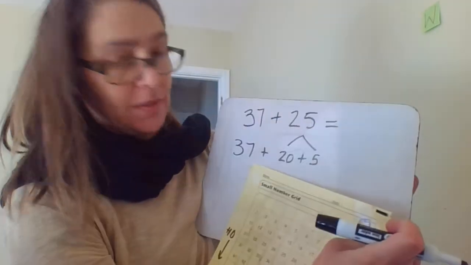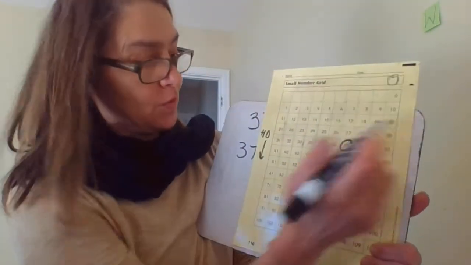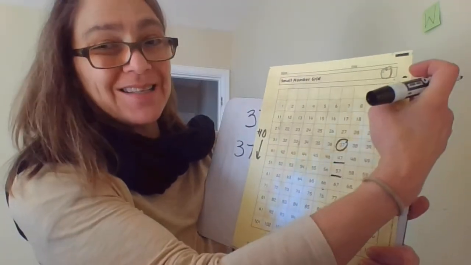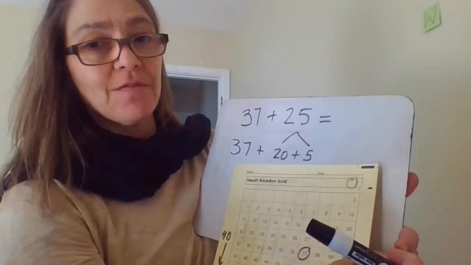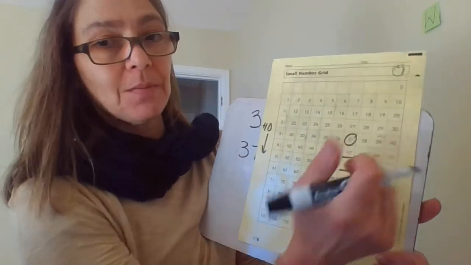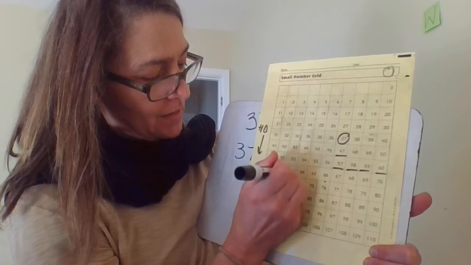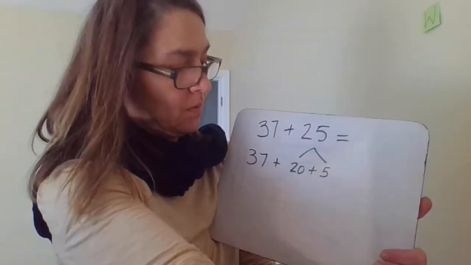It says I go down 20, so that's 2 rows. So I have 1, 2, and then I'm at 57, but I still have to add my ones. I have 5 ones. So now I'm going to add my 5 ones. 1, 2, 3, 4, 5. And I end up with 62.